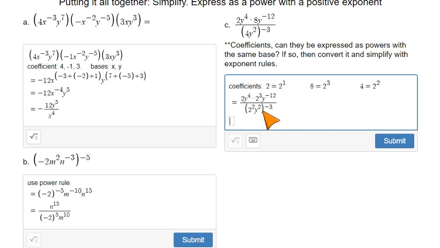Okay, so I'm going to use my product rule to simplify the numerator, use my power rule to simplify the denominator, and then simplify the numerator and denominator together. So our bases, we have 2 and y. Sorry, only two bases.